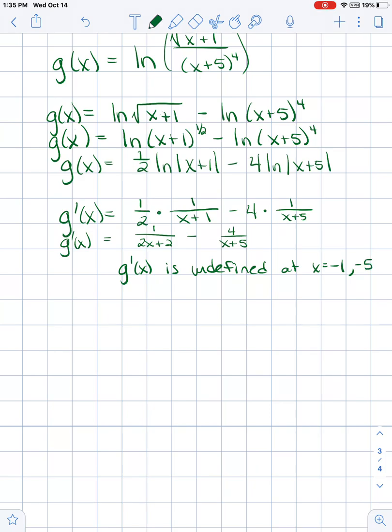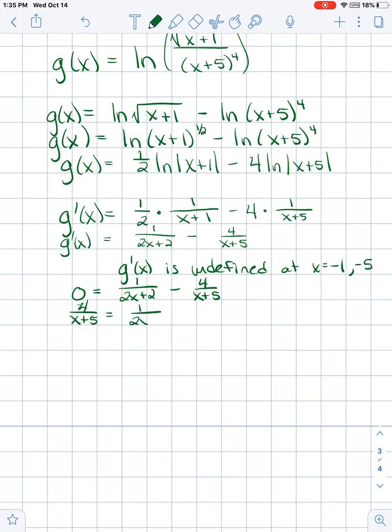Both of those values would make the denominator 0, which would make the fraction undefined, which would make the derivative undefined. If we find where the derivative is equal to 0, I don't have to find a common denominator. What I can do is just add this 4 over x plus 5 to the other side.